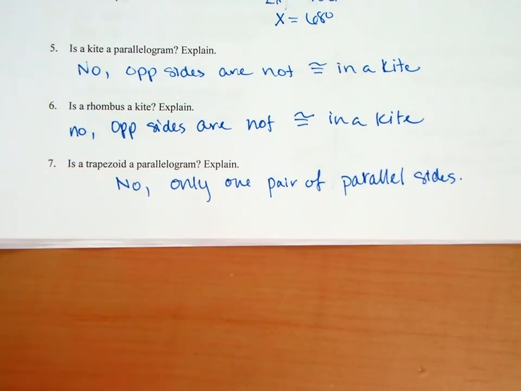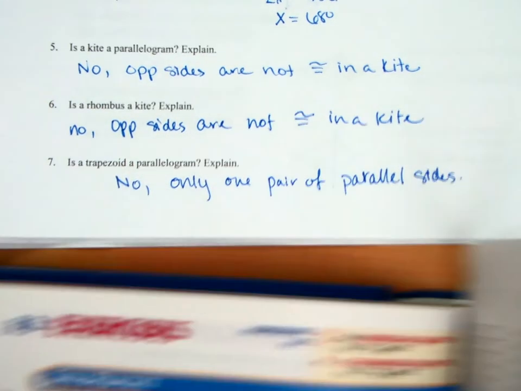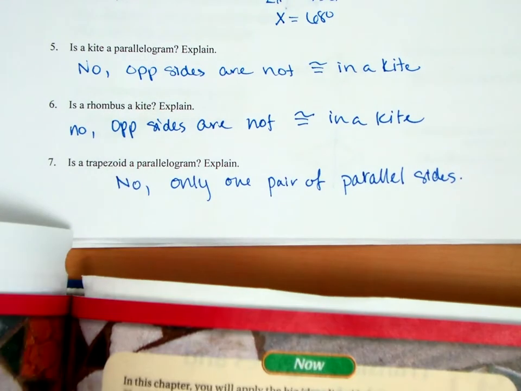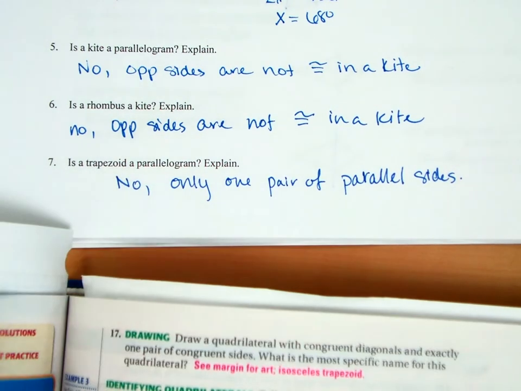All right, there's the lesson for 8.5. Homework will be the following questions, and it might be slightly different than what some of you have been told, so bear with me.